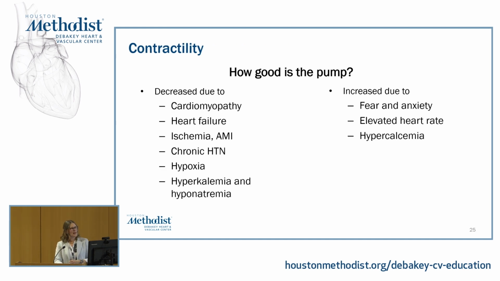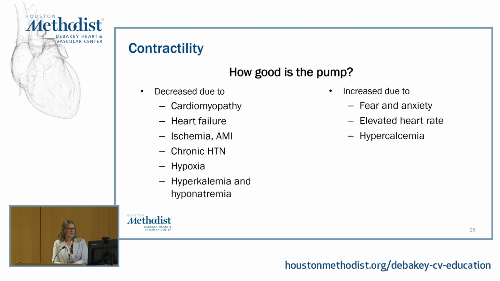And so lastly, we'll talk about contractility. That's how good is the pump. It can be decreased due to cardiomyopathy, heart failure, ischemia, AMI, chronic hypertension, hypoxia, hyperkalemia, and hyponatremia.